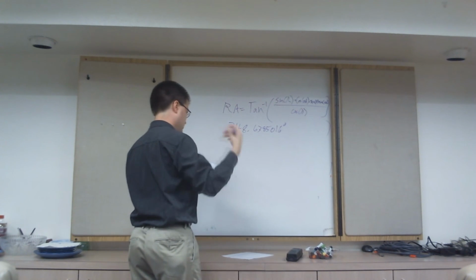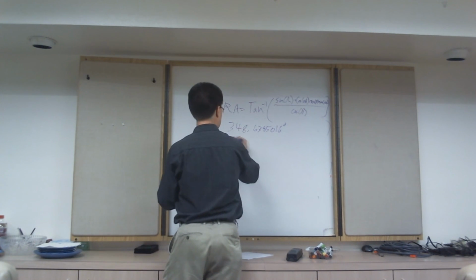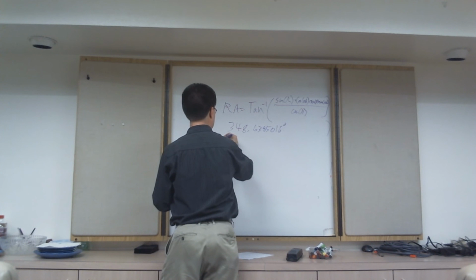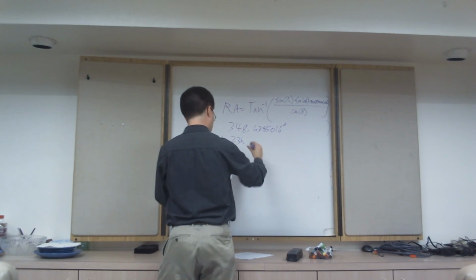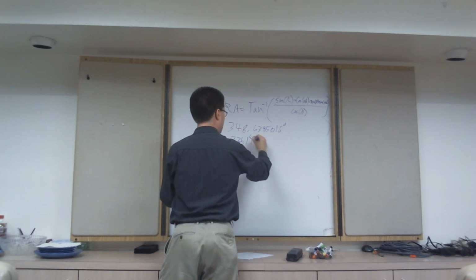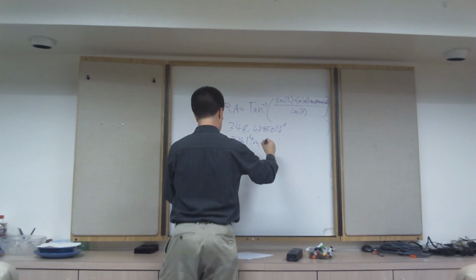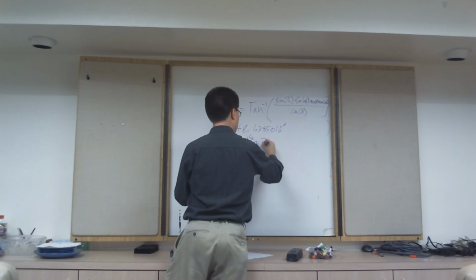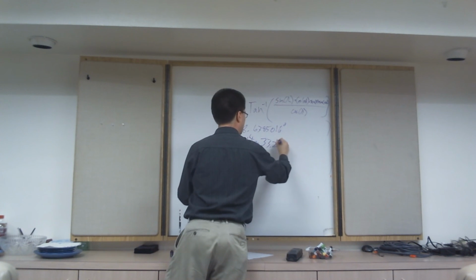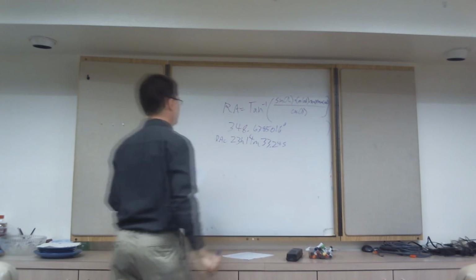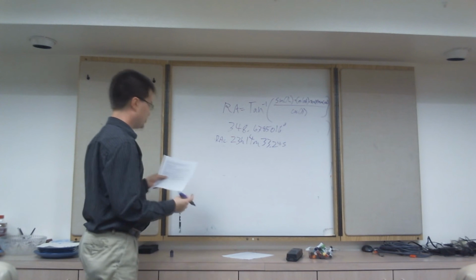If you convert that to hours, minutes, seconds, you get RA, right ascension, equal to 23 hours, 14 minutes, and 33.24 seconds. Okay? Now for declination.